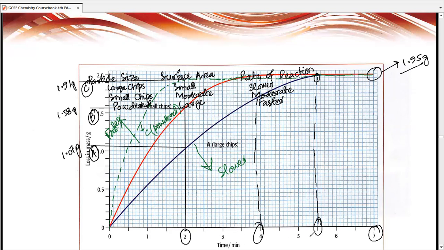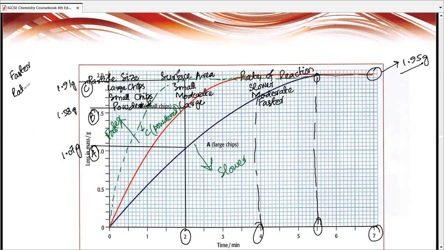So the reaction is almost up to completion in 5.5 minutes for large chips, 4 minutes for the smaller chips, and of course for powder, the reaction is almost up to completion in the first 2 minutes only. It doesn't even take that much time. Why? It has a higher speed. That's why.